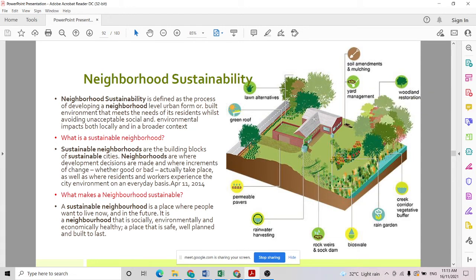You have your yard management, you have your rain garden, which means you only use rainwater for your garden. And then rainwater harvesting during raining. You can harvest your rainwater. So that is an example of sustainability for your house.